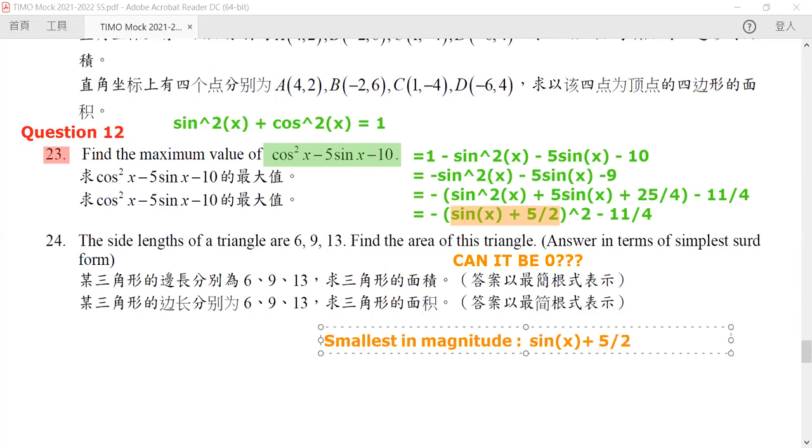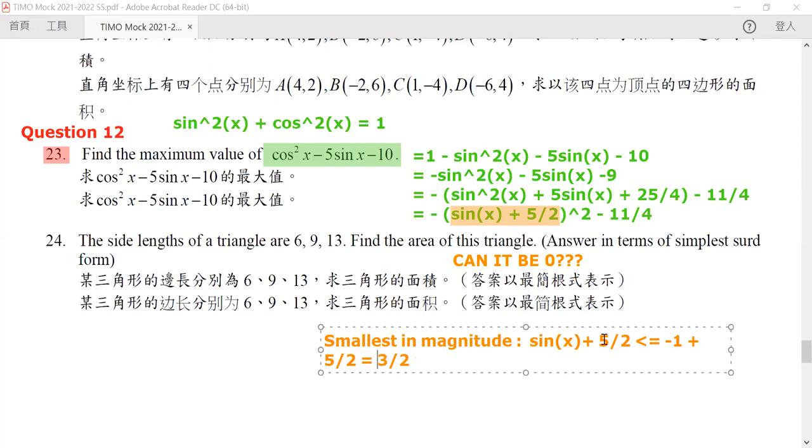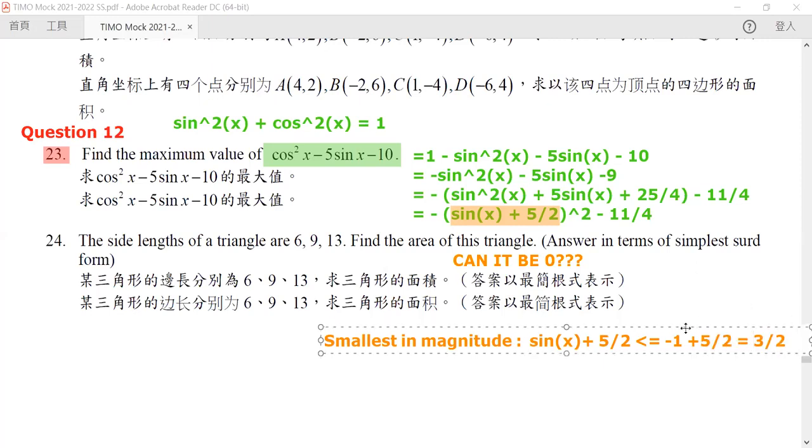If we want it to be small in magnitude, we want sine to be equal to -1, right? So in this case, it will be small. The smallest value that it can achieve is actually 2 over 3, not 0.